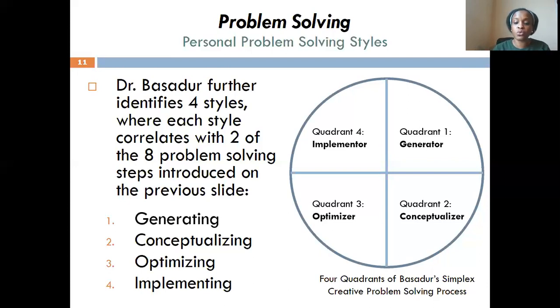Then quadrant 2 are conceptualizers. Conceptualizers also like to handle lots of different ideas, but the conceptualizer now takes the various ideas that a generator has and starts to apply scientific and mathematical models and algorithms to those ideas to investigate the efficacy or the viability of those ideas based on scientific facts.